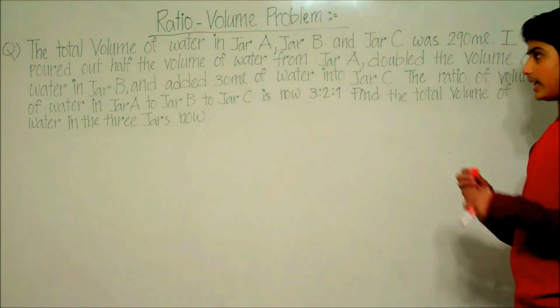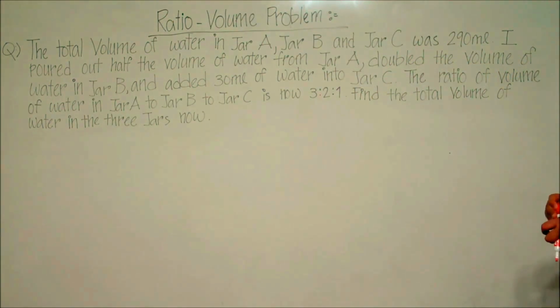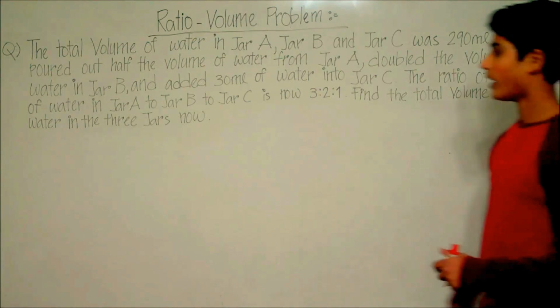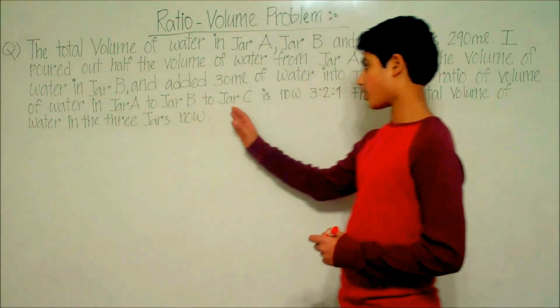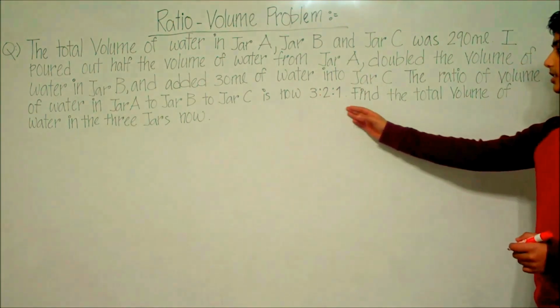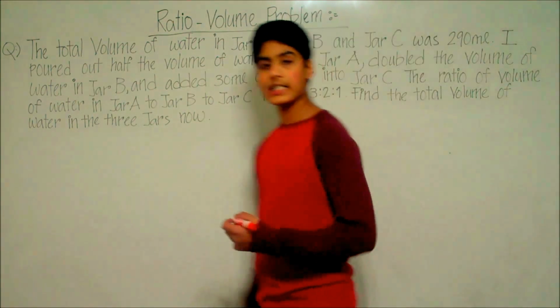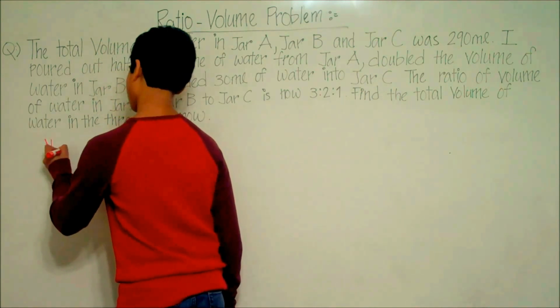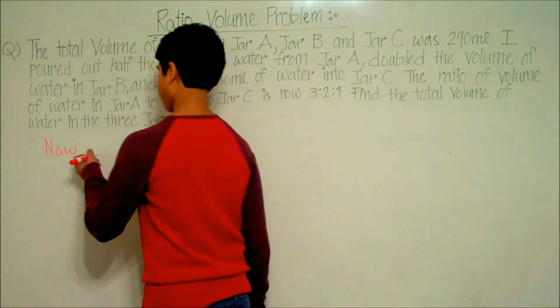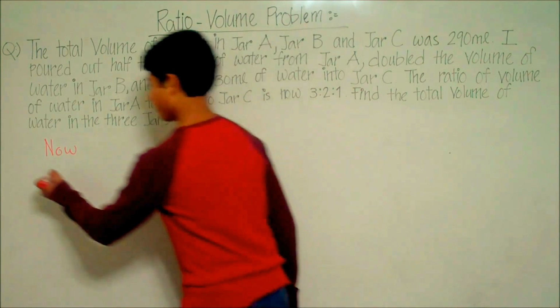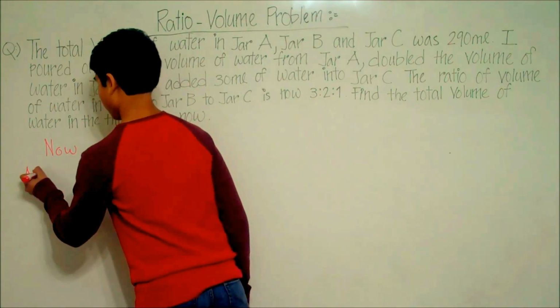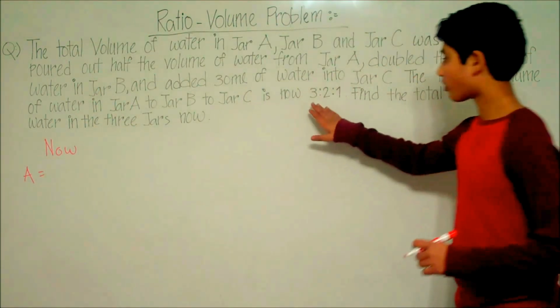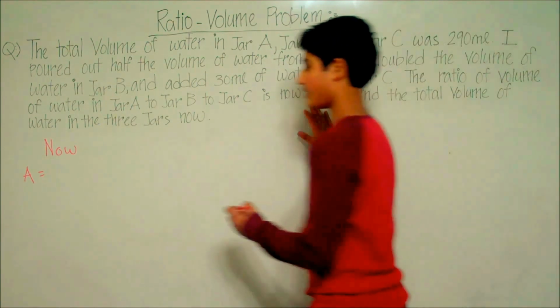Now the problem states that the ratio of the volume of the water in jar A to jar B to jar C is now 3 to 2 to 1. So let's label this column as now. So now, jar A, let's label it A, has 3 units of water.